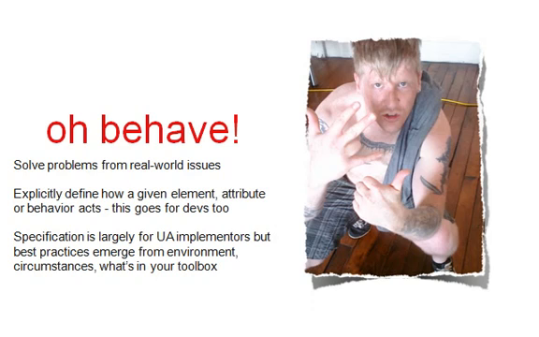So we at the WHATWG might seem a little overwhelming in terms of detail because we are now working hard to explicitly define how every element, attribute, or behavior acts, okay? And the specification is largely, in my opinion, for user agent implementers and tools makers. But the best practices will come from our developer circumstances and what's in our toolbox, okay? So the specs themselves really are going the distance to make it as clear as possible.